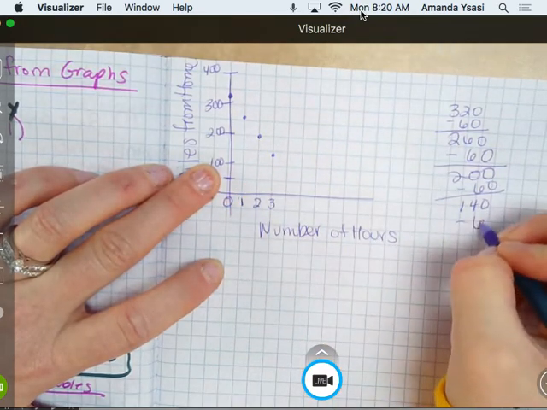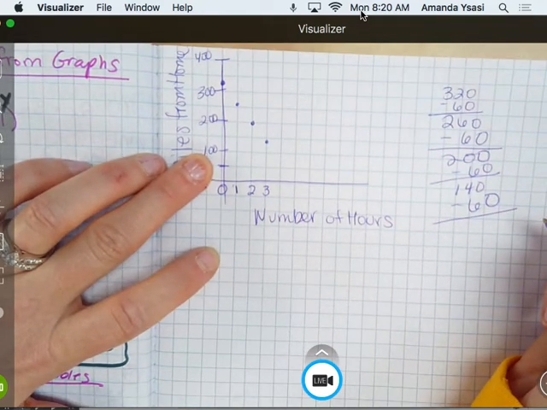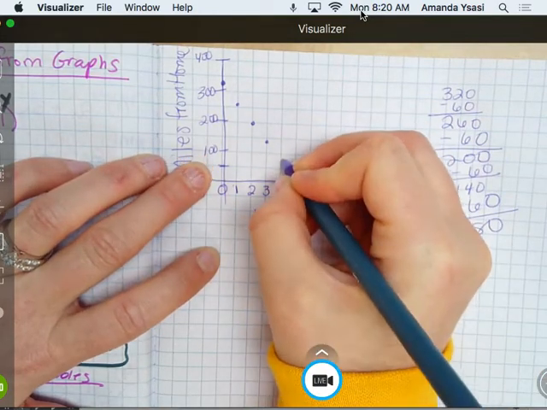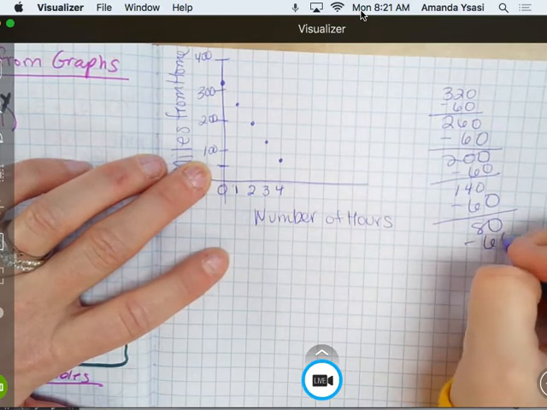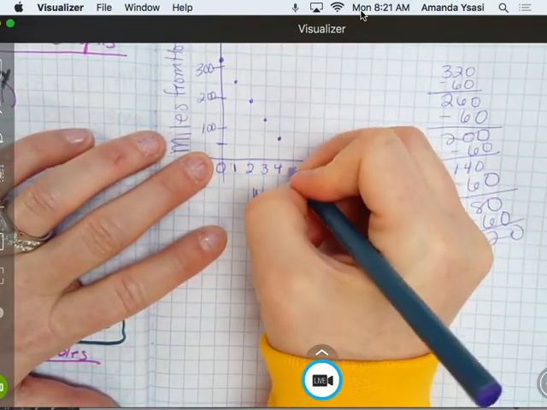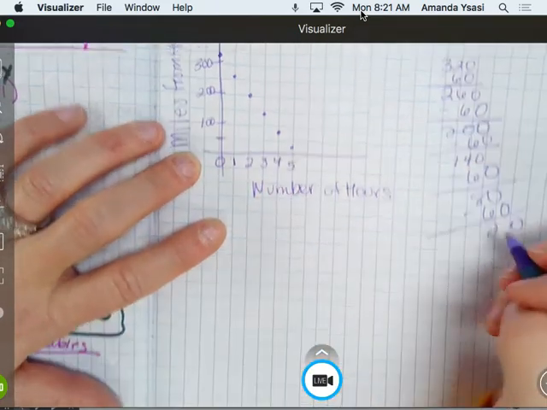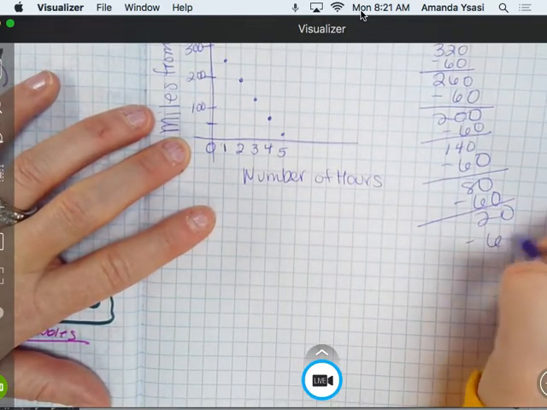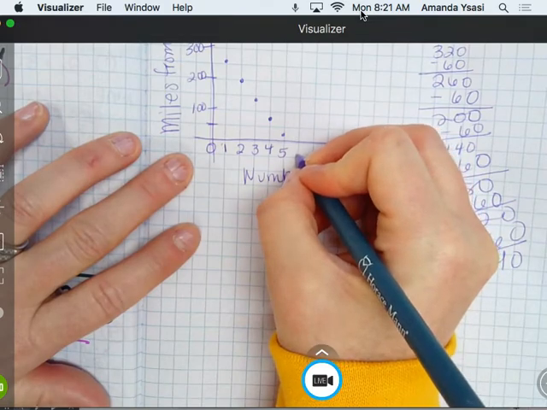Then after 1 more hour, 80. So this would be right on here. After another hour, 20. And then we can't, it would be at negative 40, right? No. So it'd be down here.